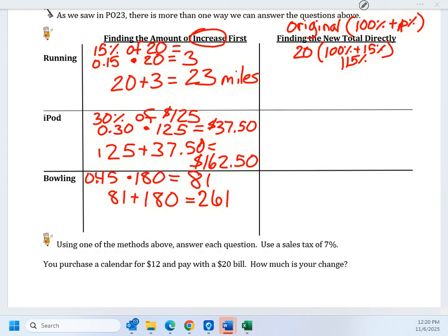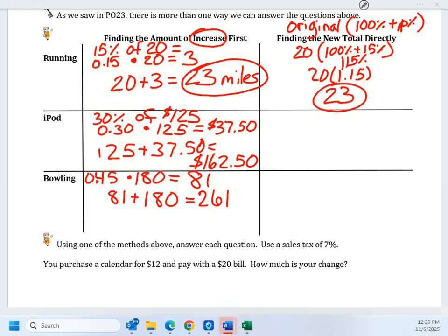Colton? 1.15. So we're gonna multiply 20 by 1.15. What is 20 times 1.15? Oh, 23. Look at that. We get the same answer. Both methods are acceptable to use.